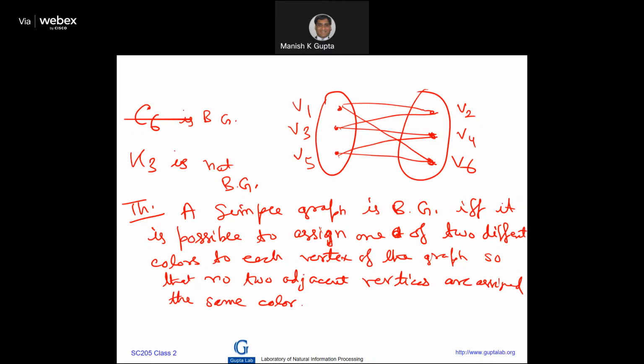One vertex you say blue, another vertex green, and so on, such that no two adjacent vertices connected by an edge have the same color. If you can do this, that means we can partition easily. All those with one color you can put in one basket, and those with the different color in another basket. So there is an edge between two different baskets, but not within the same basket. You agree? It's a very easy thing.